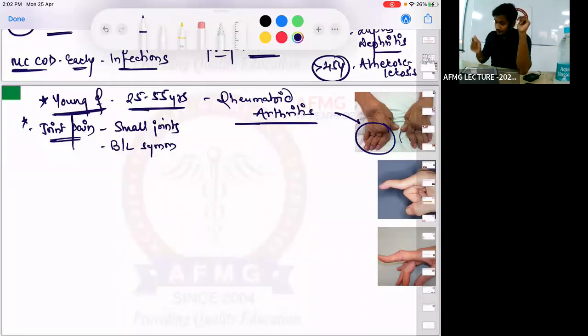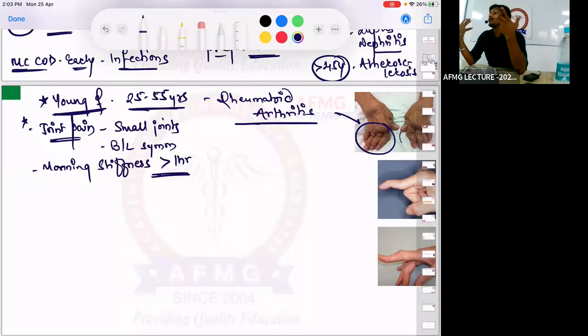Now, the patient will also complain that after getting up in the morning, the patient is not able to move, or there is a rigidness or stiffness which she feels. This is called morning stiffness. Morning stiffness in rheumatoid arthritis lasts for more than 1 hour.